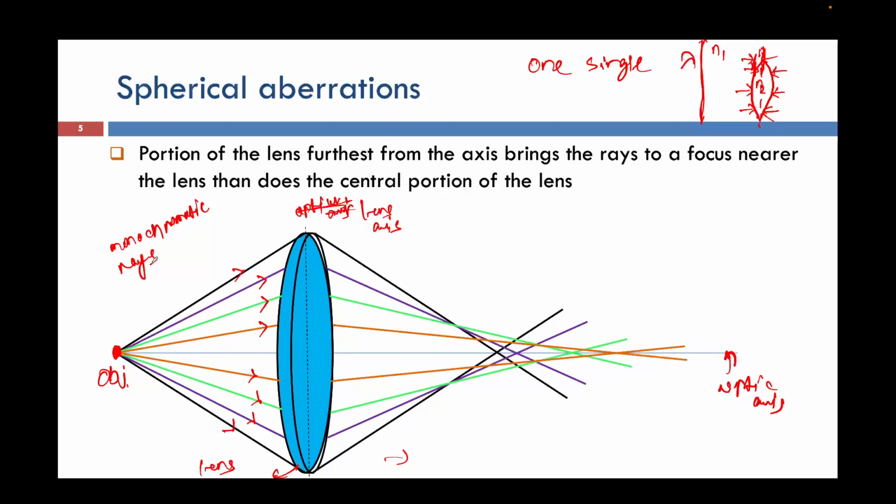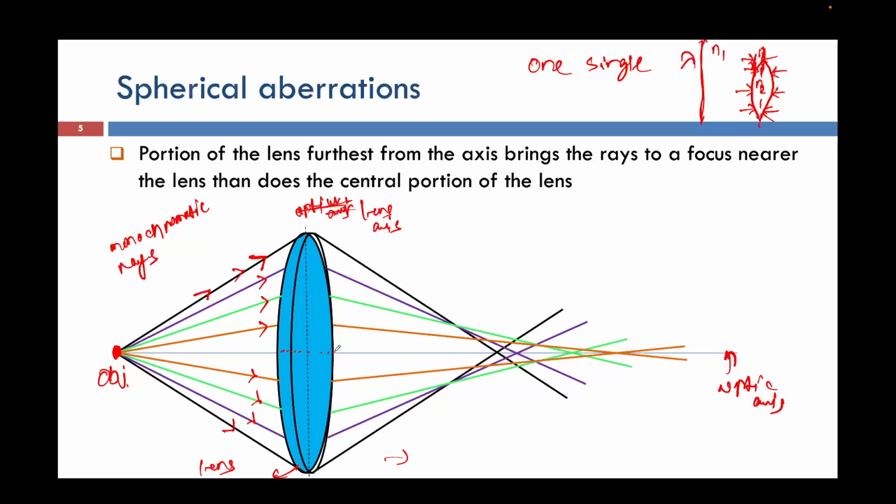Now see, spherical aberration arises because this black one is getting refracted farthest from the optical axis. That means if you consider the center portion of the lens, whichever beam is getting refracted farthest from the central portion of the lens will be focused nearer.